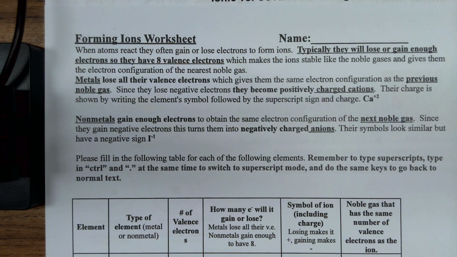So, forming ions. We're mostly focusing right now on ionic bonding. First we're going to focus on ions, and then as we get into covalent bonds, we're going to get into drawing our bonds, such as Lewis dot models. That's the things that we're going to be doing after we come back from winter break.